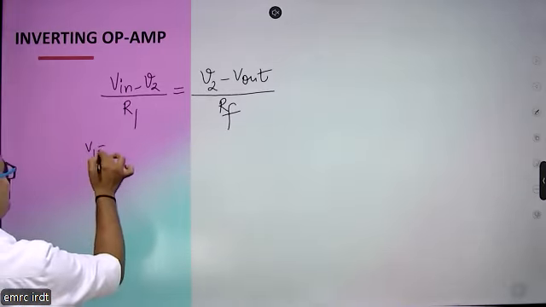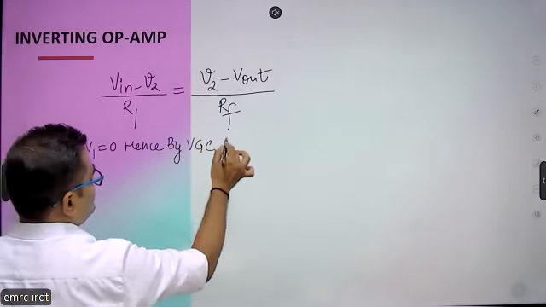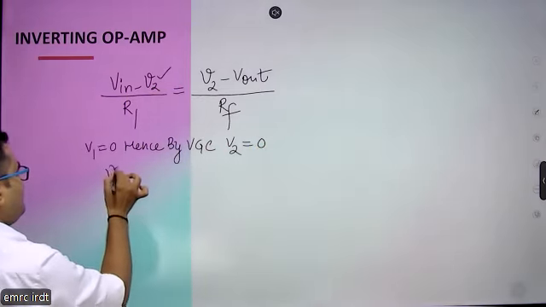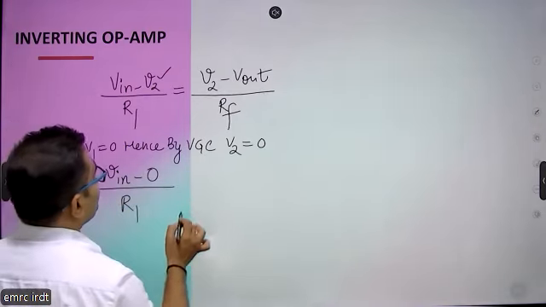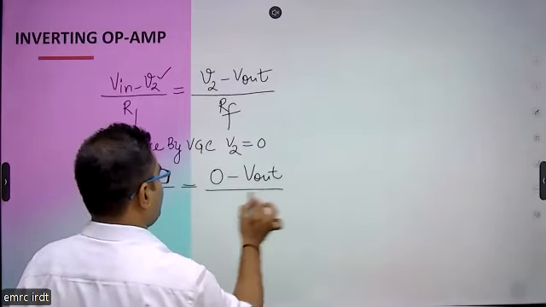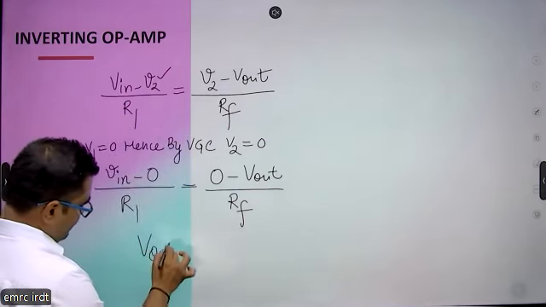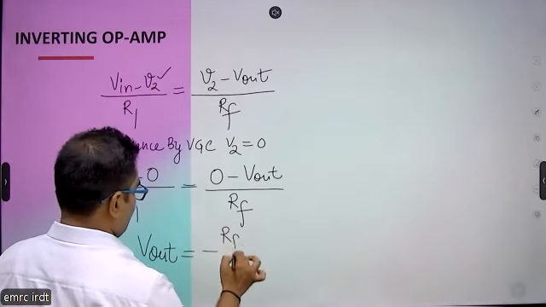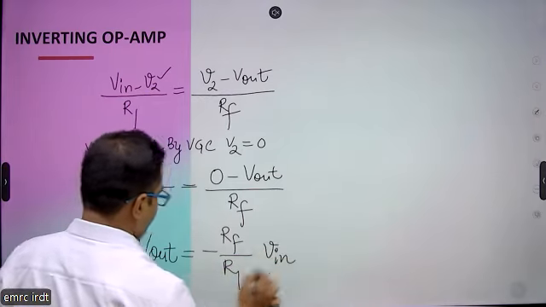Since V2 is 0, we get V input minus 0 divided by R1 is equal to 0 minus V output divided by RF. So V output will be minus RF divided by R1 into V input.